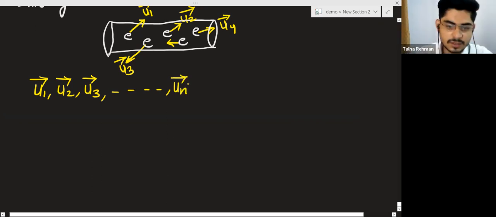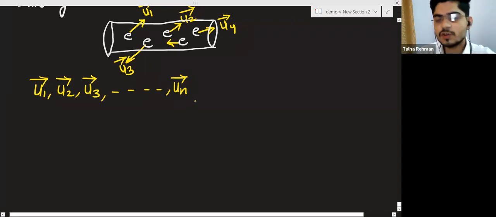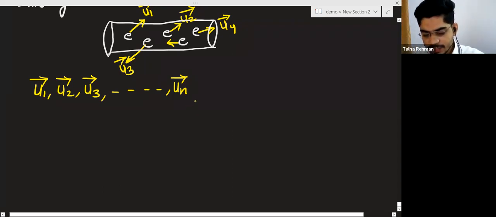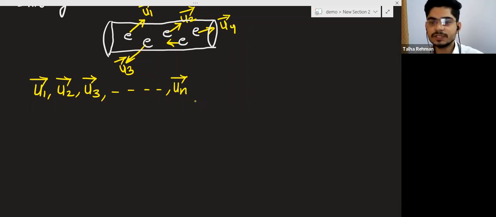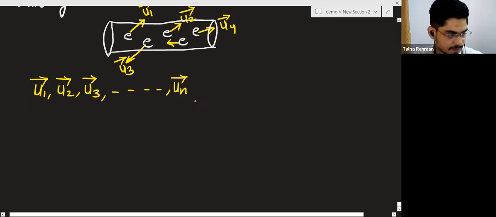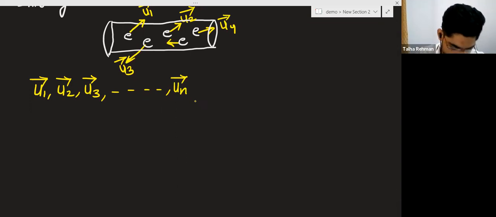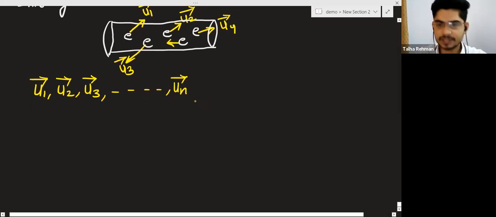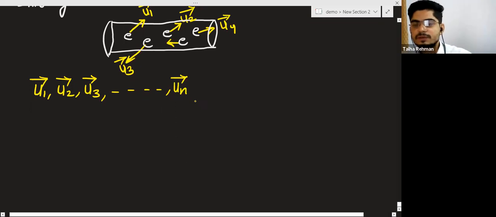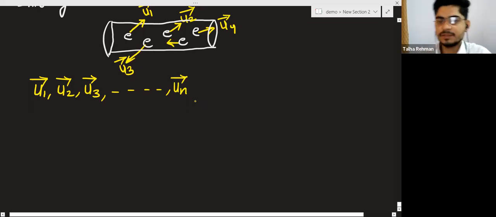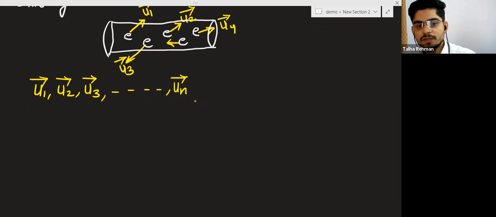So these are the velocities of electrons, but these velocities are due to the temperature. Like in this room, or in your room in which you are sitting, there is a certain temperature, like 28 degrees. I am supposing.